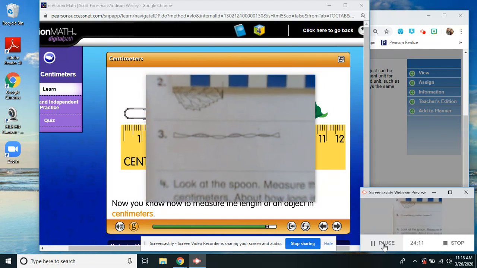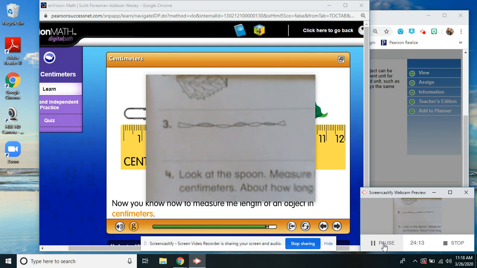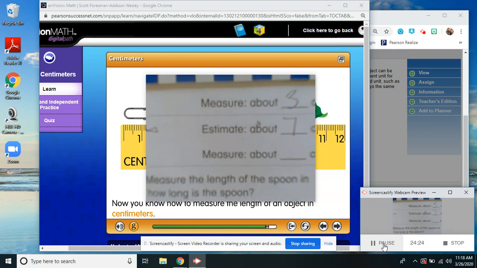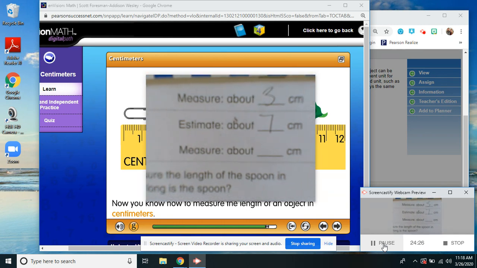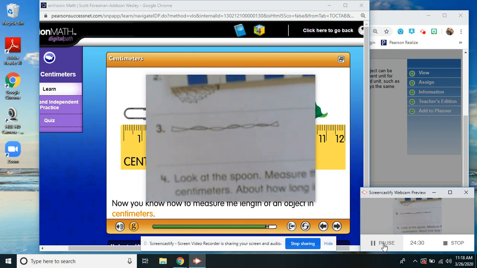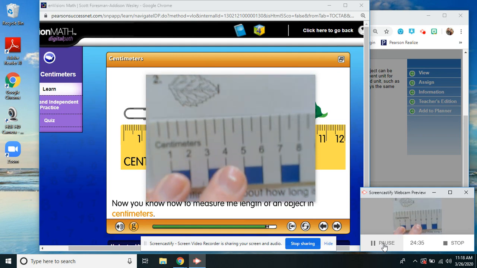Okay, moving on to number 3. You need to estimate how many centimeters long you think this is. I took a guess and I said 7. I wrote it down. Okay, remember to pause this video if you need time to think about it. All right, now I'm going to measure this.